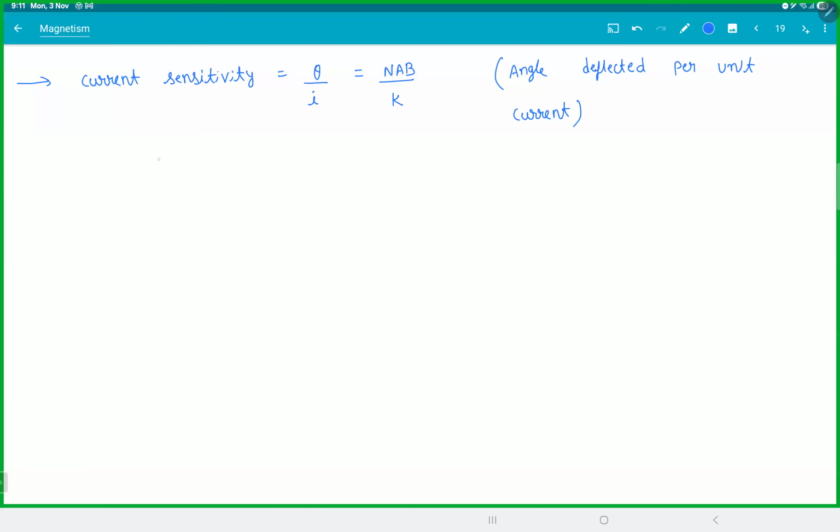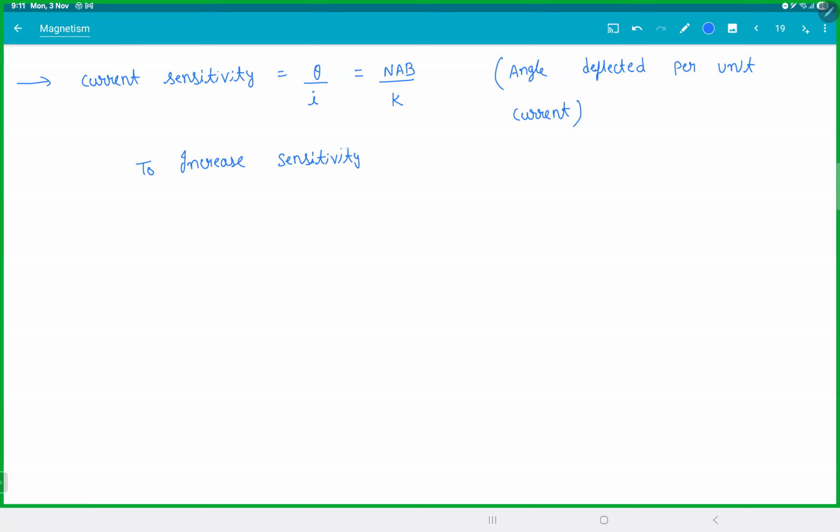And if you observe something here, if you want to increase the sensitivity, you can increase NAB. But the problem, if you want to increase B, you have to use stronger magnets. If I use stronger magnets, it might influence the nearby equipment. If I want to increase the area, the equipment becomes bigger. So one of the best ideas is to increase the number of turns. You can use a thin wire.